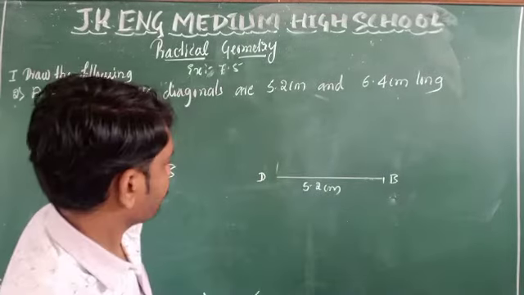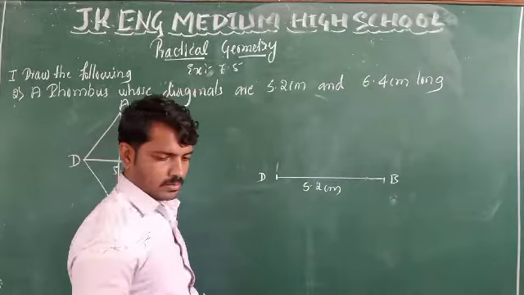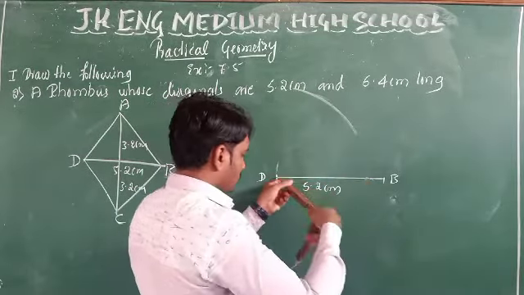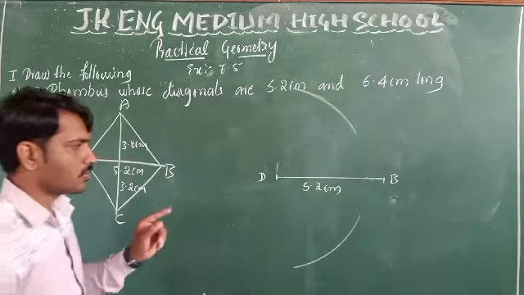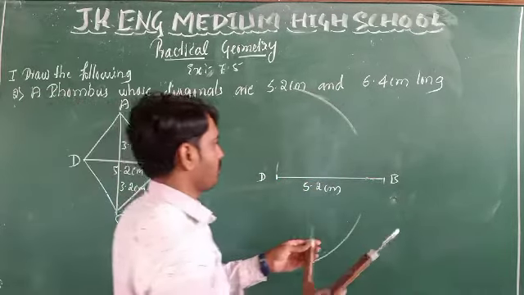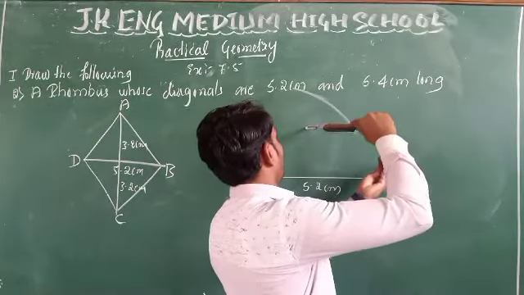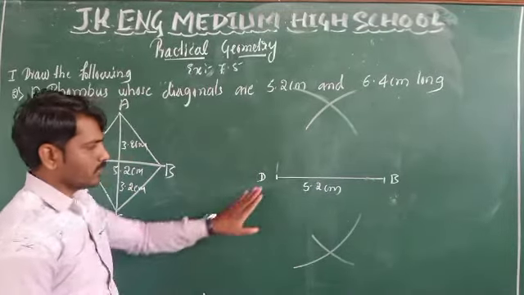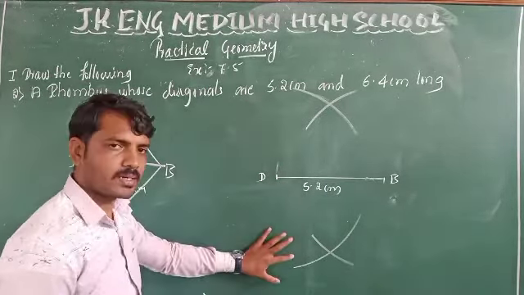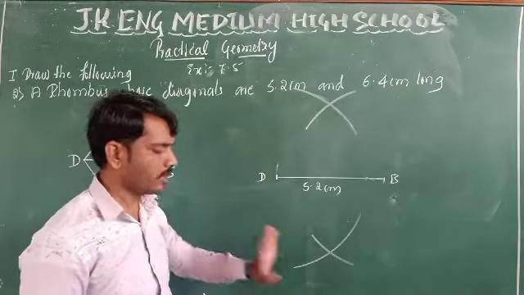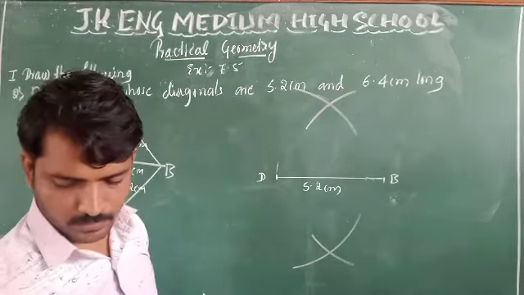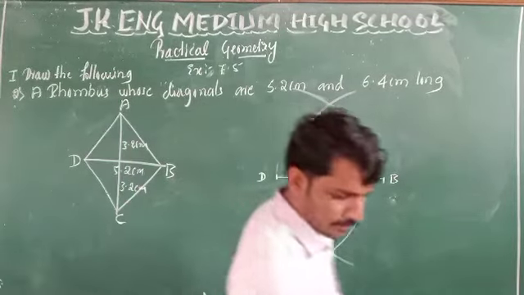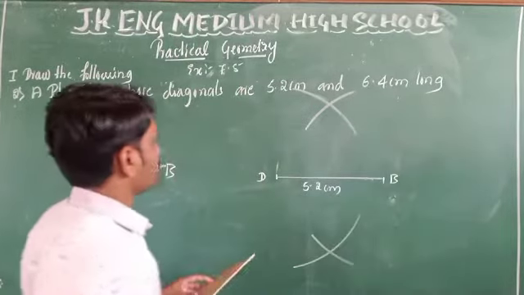Now, keep on this point, draw an arc above, draw an arc down. So this is called perpendicular bisector. Clear children? From D, first arc, second arc. From B, first arc and second arc. Now join with the measurements. Join these 2 points.